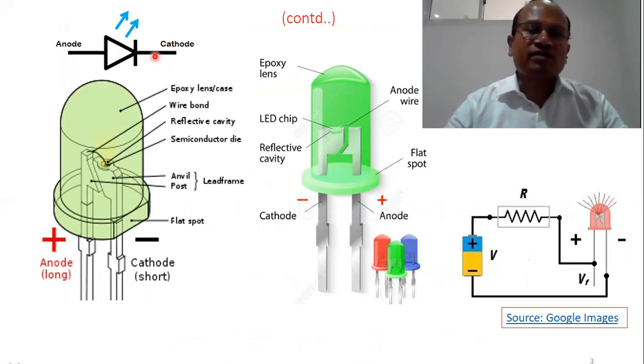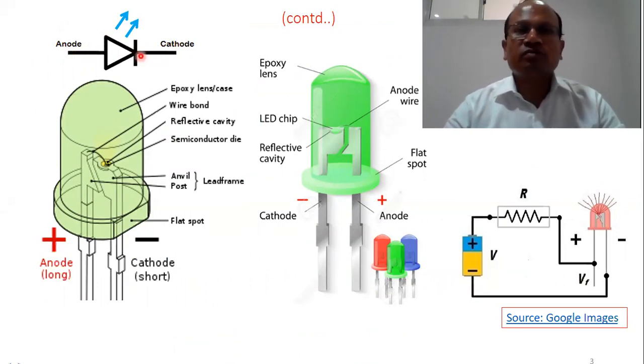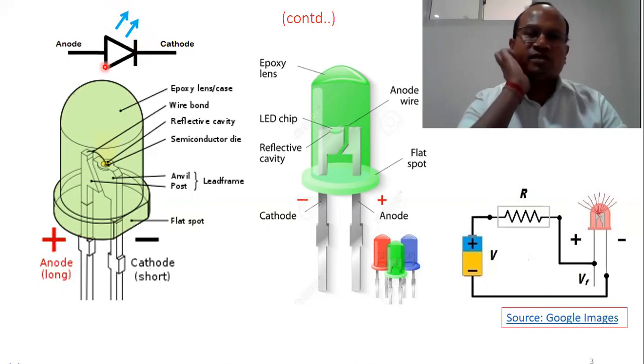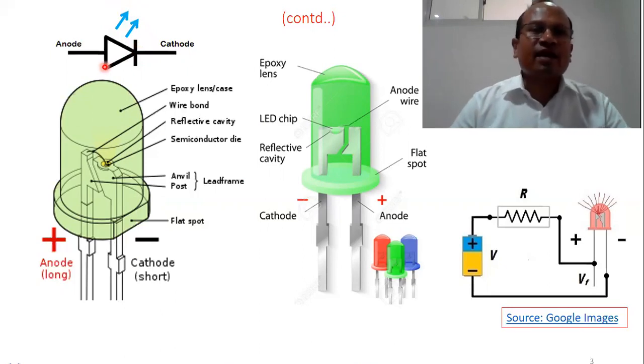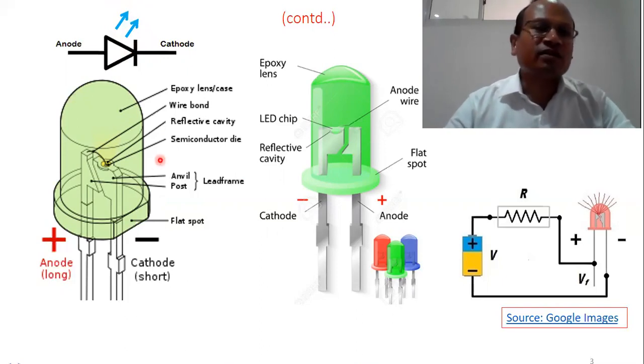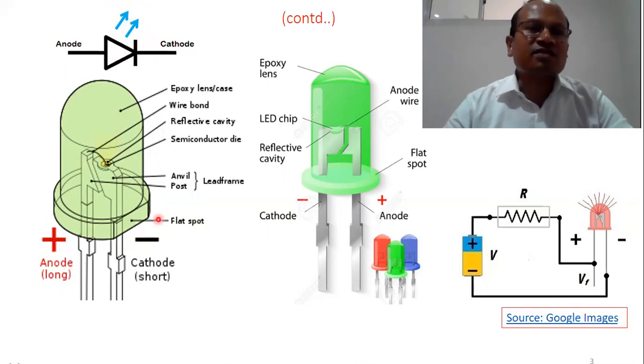It is similar to a diode, but there is something extra, something is emitting from the diode. So there are two terminals, anode and cathode, and there is a PN junction, but light is emitting. That is the difference. Then there are two more diagrams, the constructional diagrams.